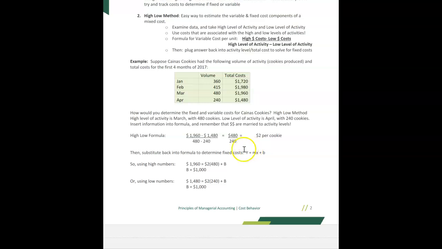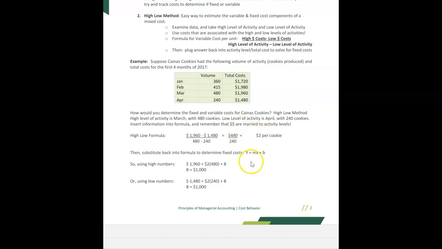So what are we doing here? If any of these dollars are changing, it would have to be due to variable cost, right? Because the fixed costs don't change, so any change in dollars because of changes in volume, we're saying is because of variable cost. So we took it apart here, change in dollars over the change in units, and we've got $2 per cookie. That would be our variable cost.